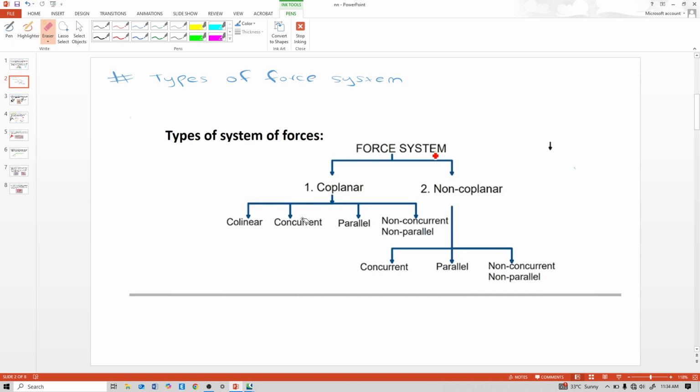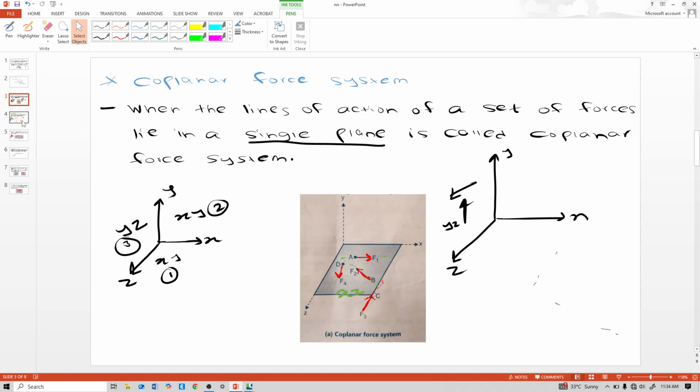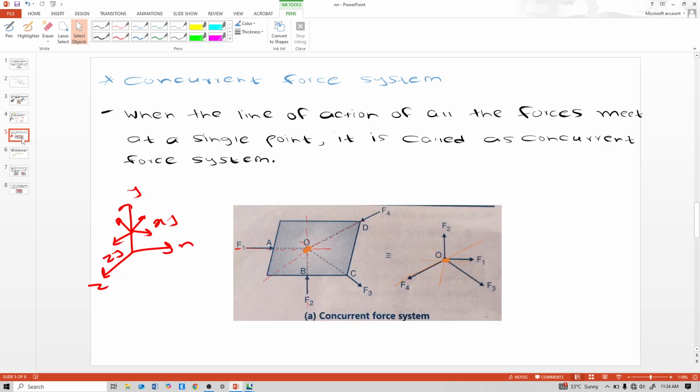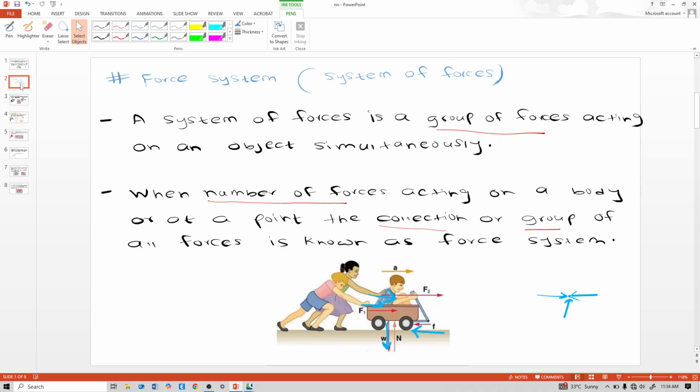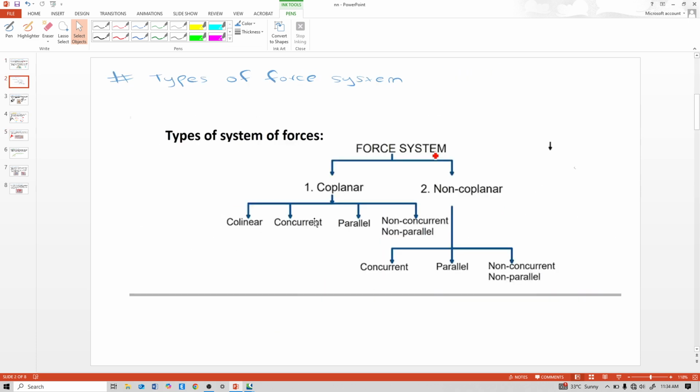Next is coplanar concurrent force system. Concurrent force system we saw here: when the lines of action of all forces meet at a single point. So coplanar concurrent force system.